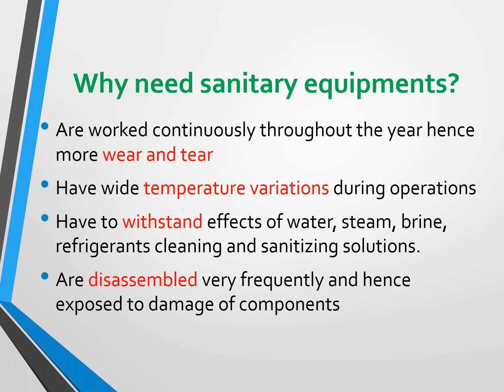And there is an effect of water, steam, brine, refrigerants, and sanitizing solutions also. We use these kinds of utilities and raw materials. Water and steam are utilities. Refrigerants are also utilities. So it should withstand this much of variation.